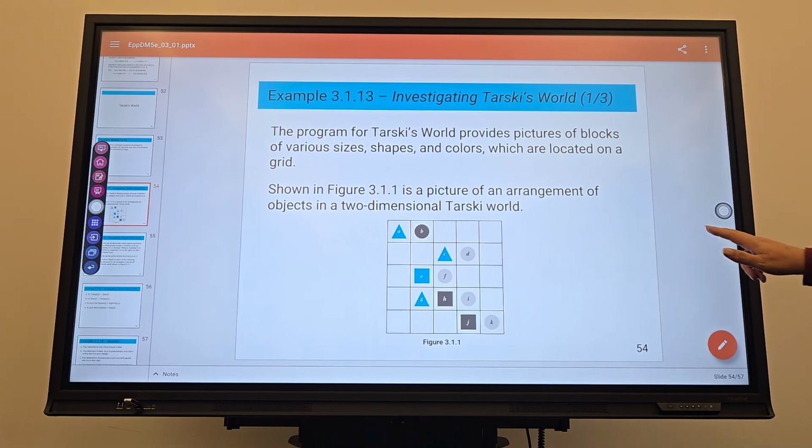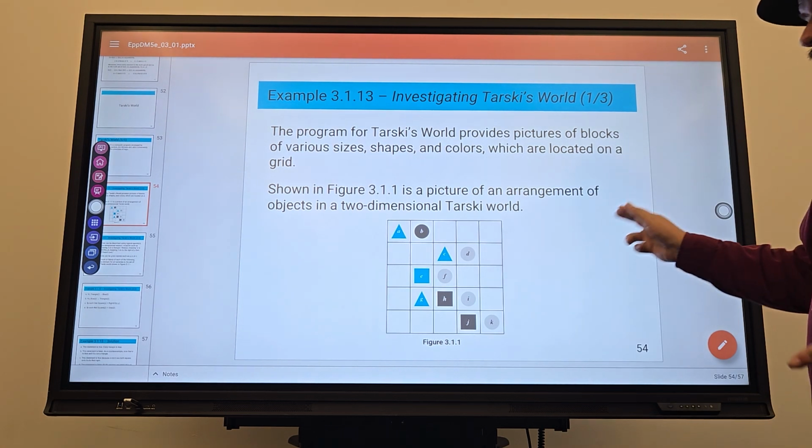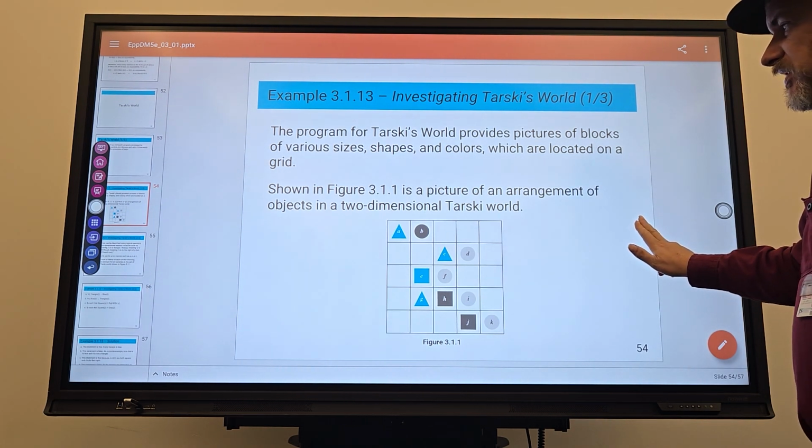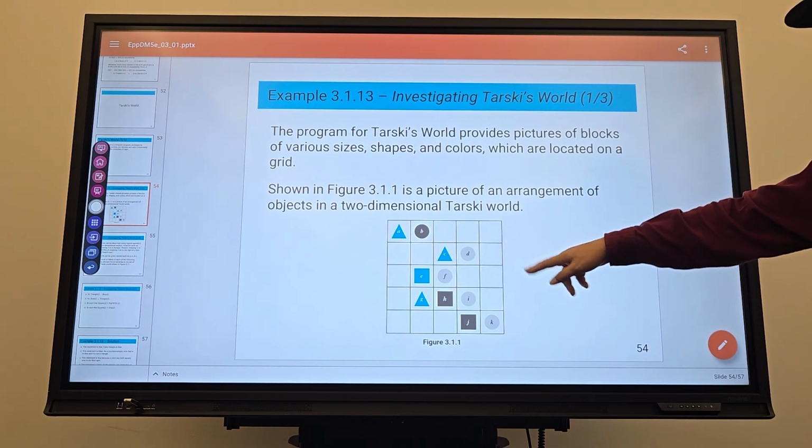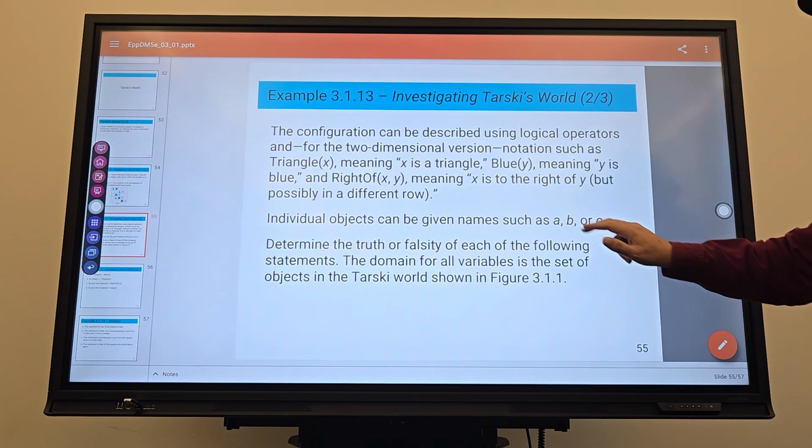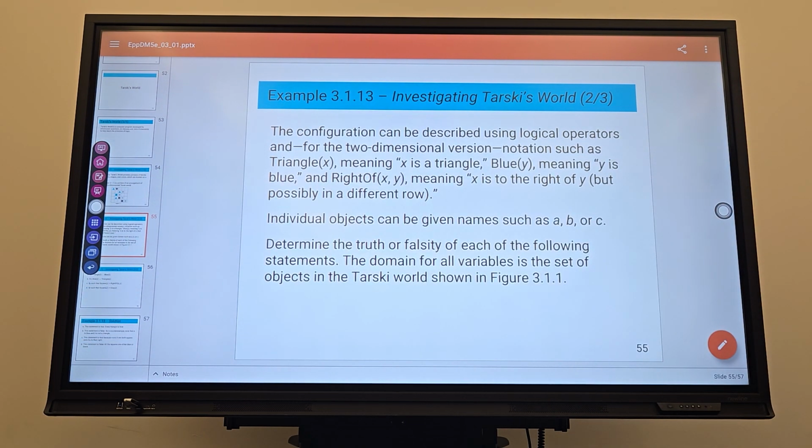But because it requires going back and forth a bit to reference this one's figure here. The configuration can be described using logical operators, such as triangle X meaning X is a triangle, blue Y meaning Y is blue, right of X and Y meaning X is right of Y, but possibly on a different row.